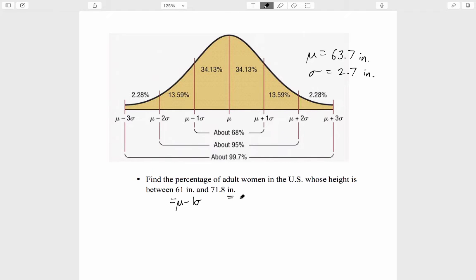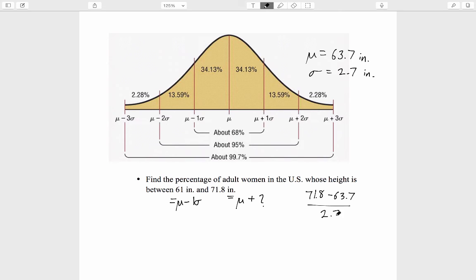How about 71.8 inches? 71.8 inches equals mu plus something. How can we figure out that something without necessarily just staring at it? Let's apply the same thinking we used earlier when we asked how many standard deviations above the mean is Pat's exam score. We can ask how many standard deviations above the mean is 71.8 inches. Well, 71.8 inches minus 63.7 inches will tell us the difference in heights.